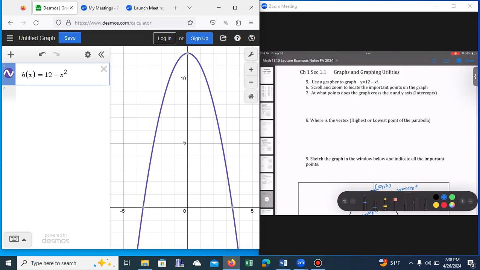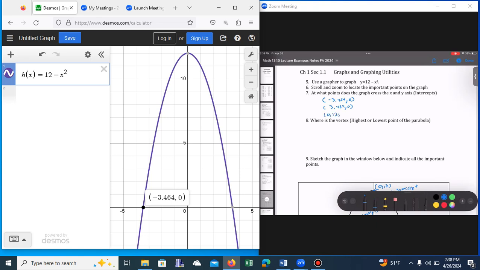Okay, so at what points does the graph cross the x and y axis? These are the intercepts. You've got points at -3.4640, 3.4640, and 0, 12.